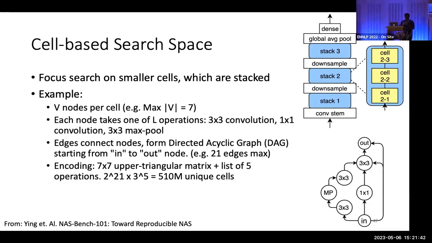Okay, so that's basically one way to view architecture search: you define different operations and different connections, and you let it use whatever connections and operations you want, satisfying this DAG constraint.